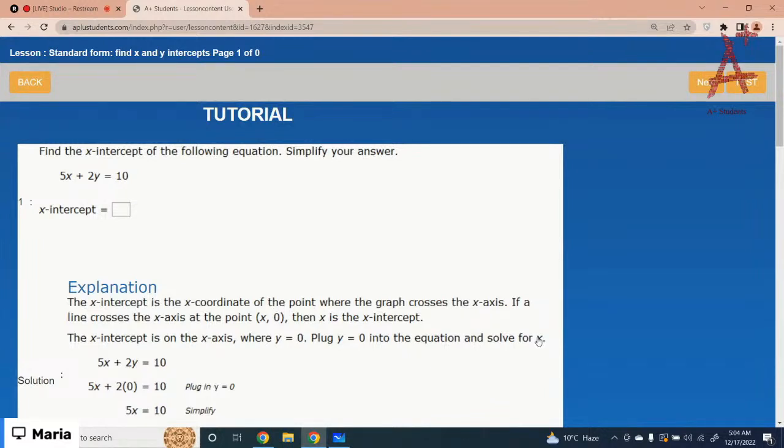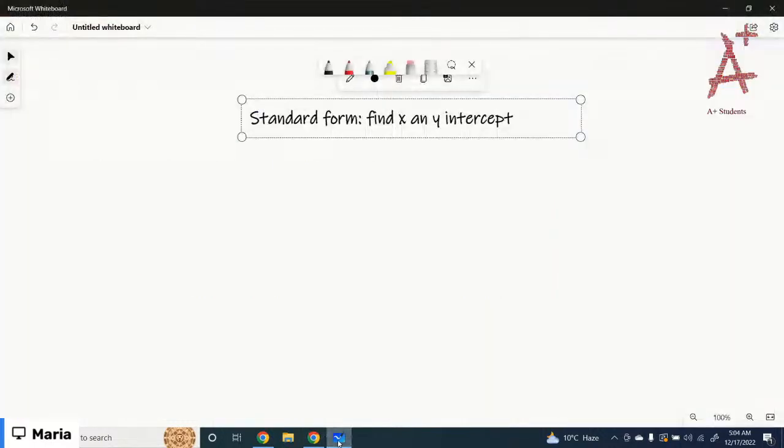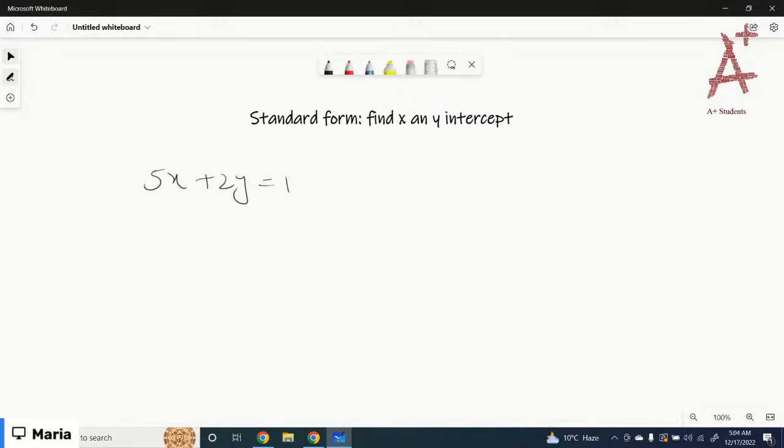Let me write down the equation. Then we'll start. Okay, the equation is 5x plus 2y equals 10. You have to find the value of the x-intercept. 5x plus 2y equals 10.